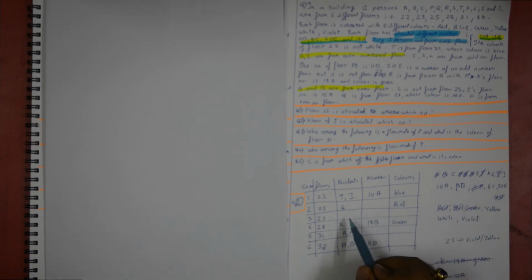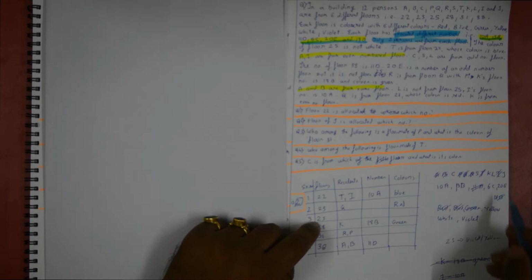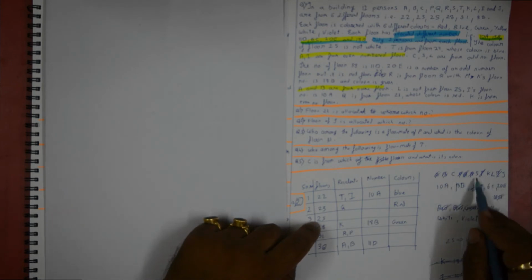C, S and L are from odd numbers, and odd numbers are 23, 25 and 31, but 31 already has R and P. So 23 and 25 are the only options. We can keep that in mind for C, S and L.